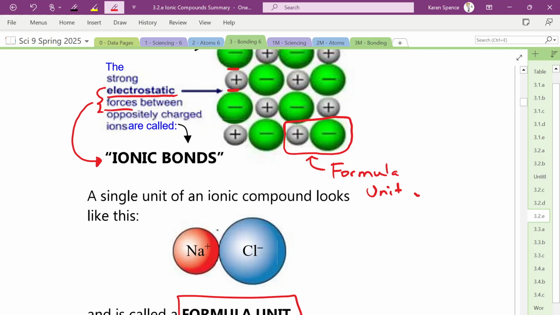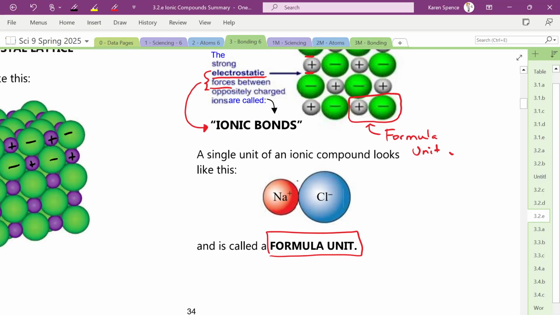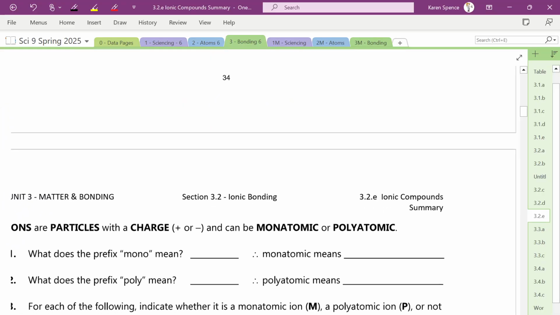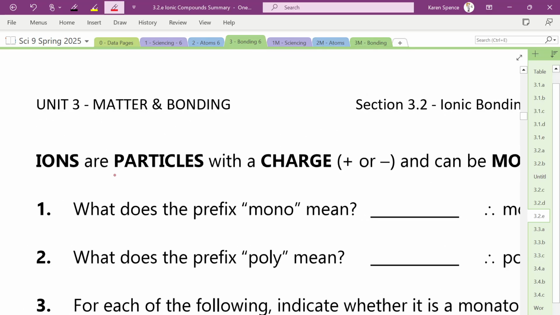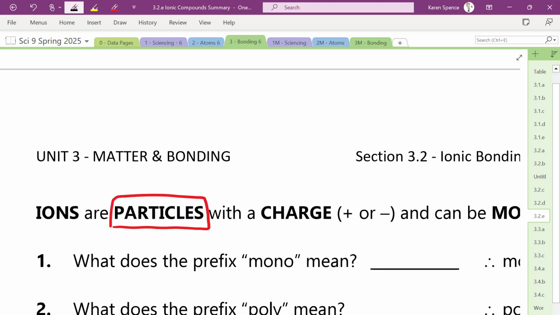So hopefully most of this page has been review, okay? Most of it anyway. All right. Ions are particles. Ooh, do you remember the 4 types of particles? See if you can tell your partner the 4 types of particles we've learned.